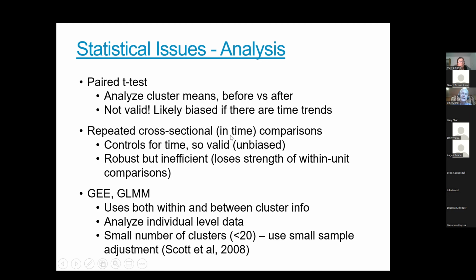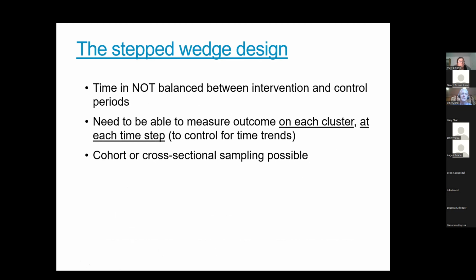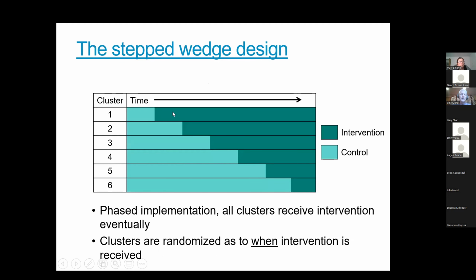The one thing we can do is, if you go back to this picture, we could imagine just comparing things vertically like this. So compare this intervention to these controls, these two interventions to these, and so forth. That clearly controls for the time trends. Each of those is within the same time period. So it's like a little mini parallel design comparison, right? And so you've got all these mini parallel design comparisons that you could do, each one of those, and then combine the results.